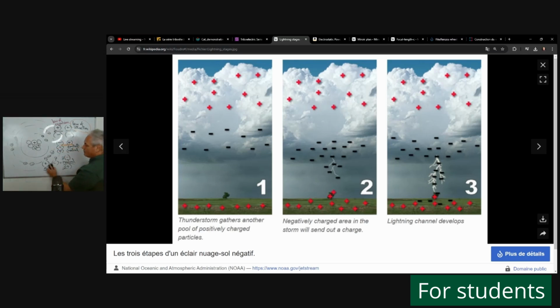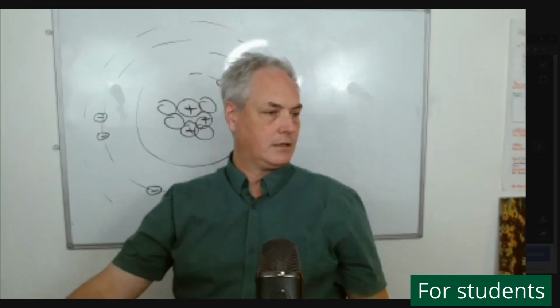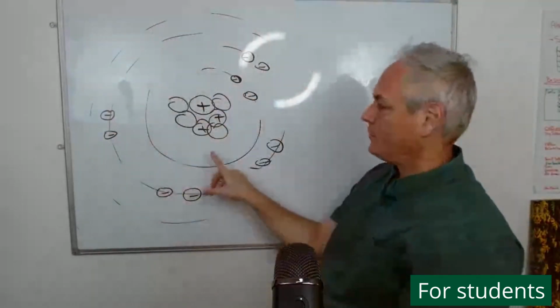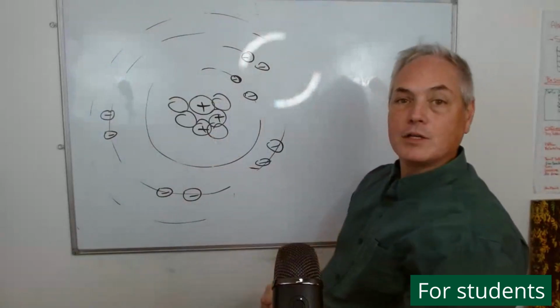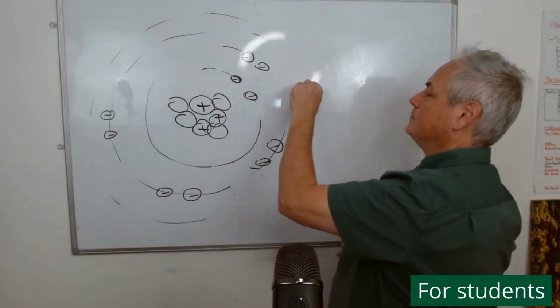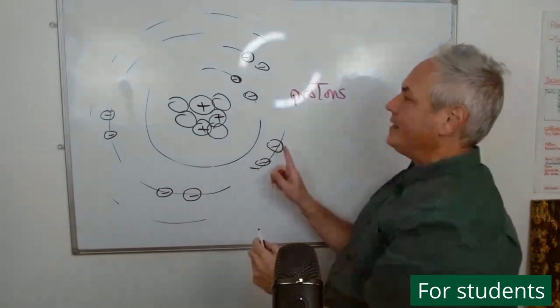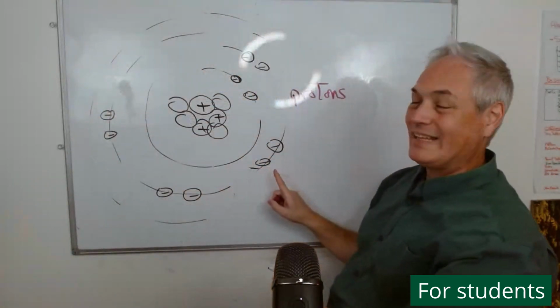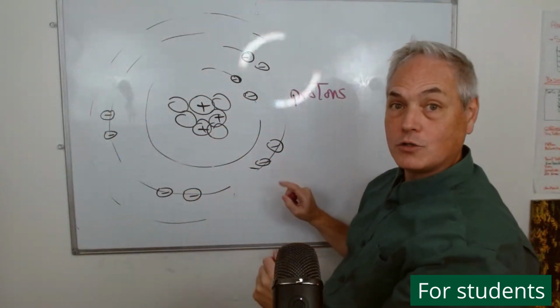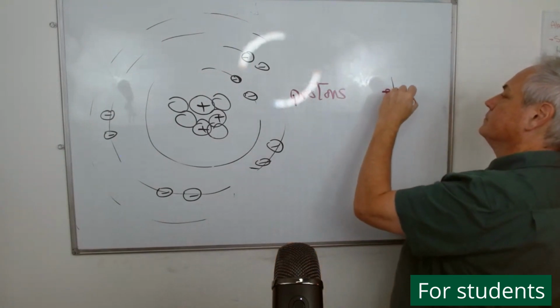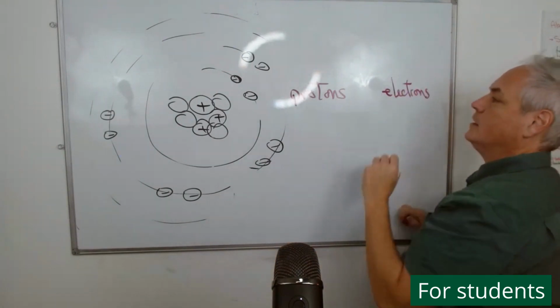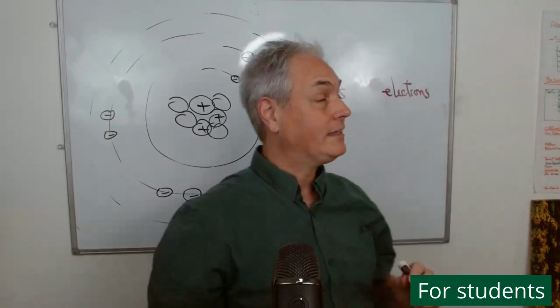Now, some of you would say, okay, how come it's only the electrons that are moving? That's a good question. You have to think that when you have an atom with positive charges in the middle, called protons, surrounded by negatively charged particles, which are electrons, the mass of those two particles is quite different.